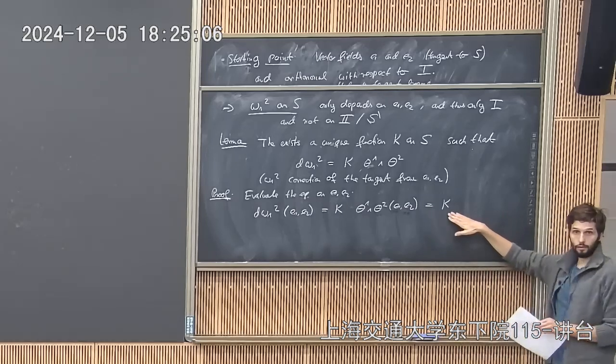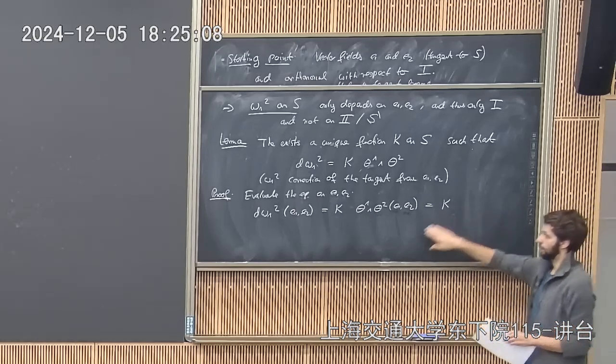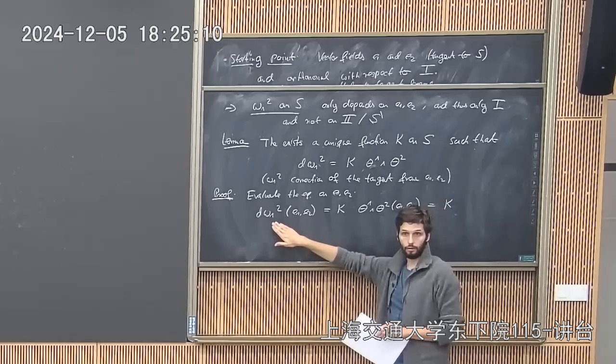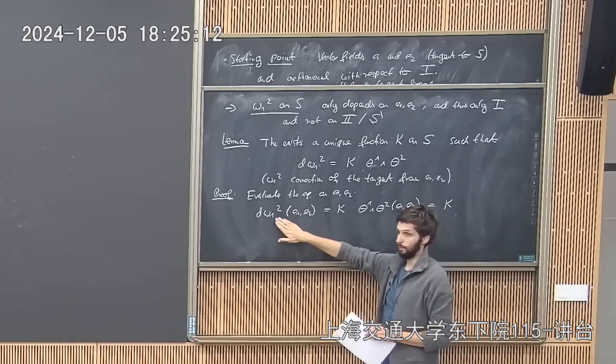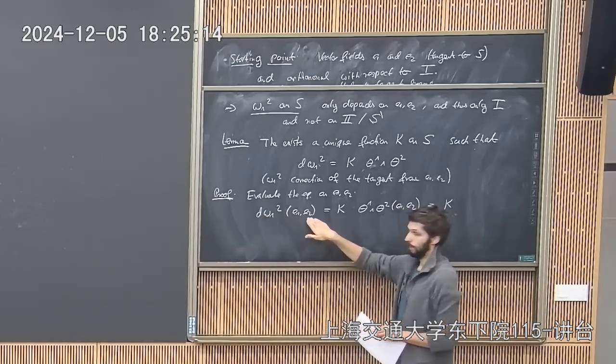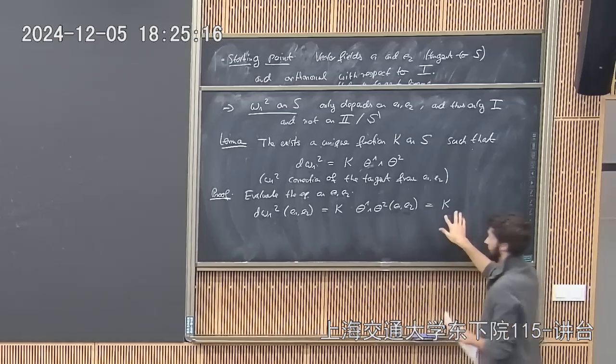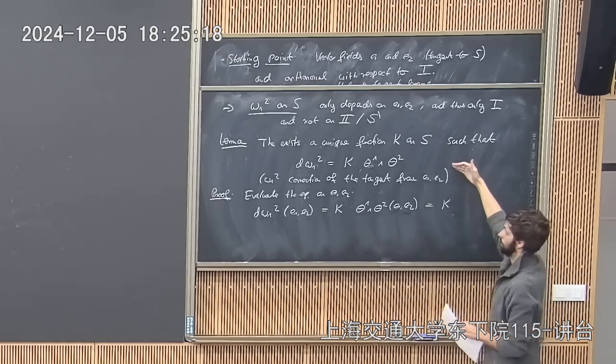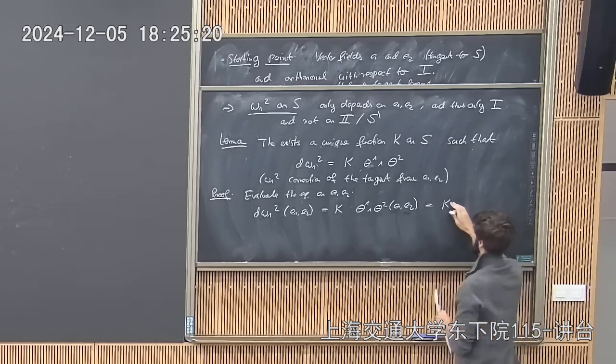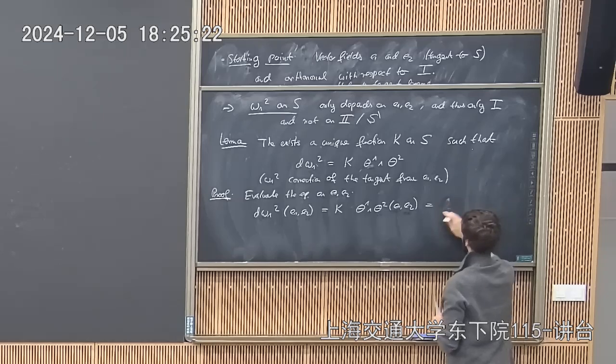So that gives us the equation how to get k once you know d omega 1. So you just know omega 1, you take d of that, you apply E1 and E2 to it, and then you get k. So that in particular means that there's exactly one k that satisfies this equation.